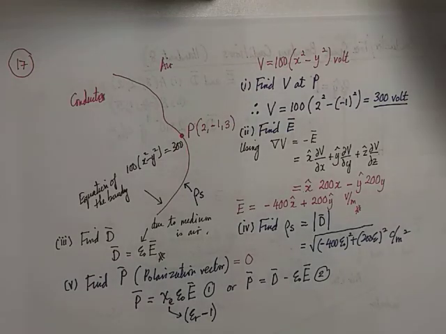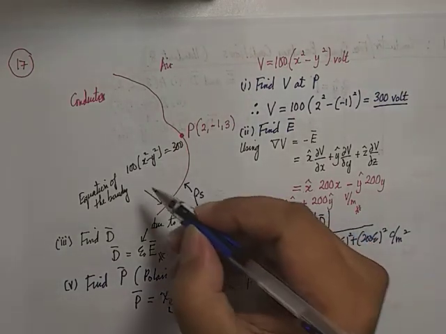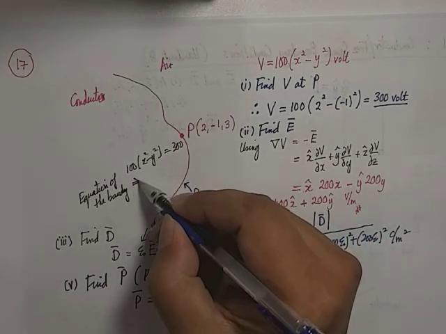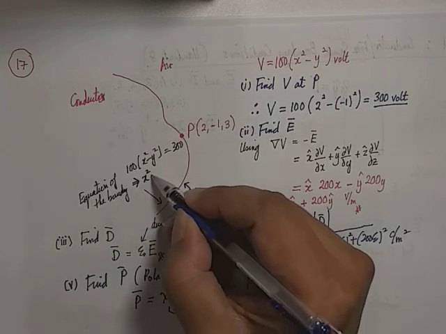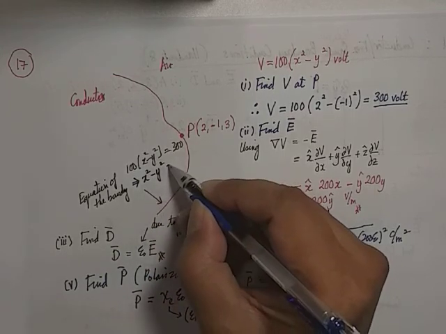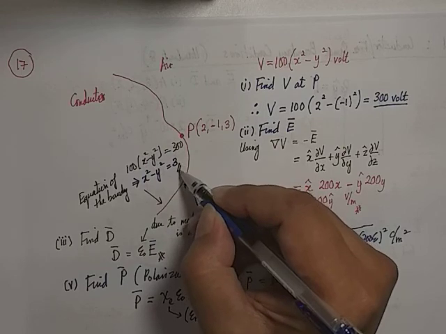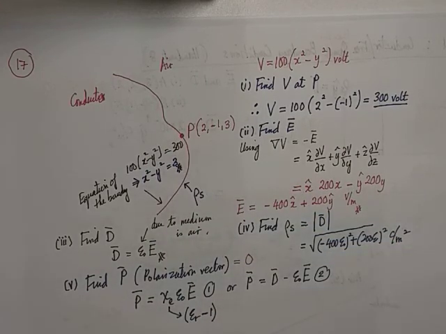So to simplify the equation of the boundary, we can state x squared minus y squared should be equal to 3. So that should be the equation of our boundary interface.